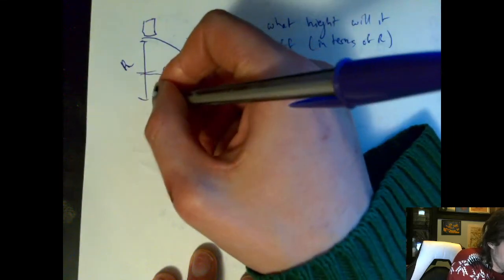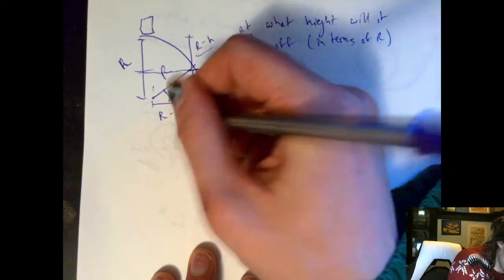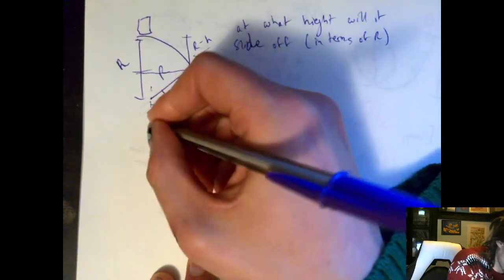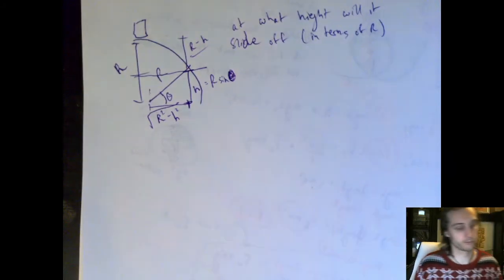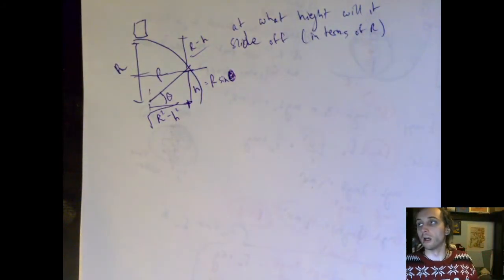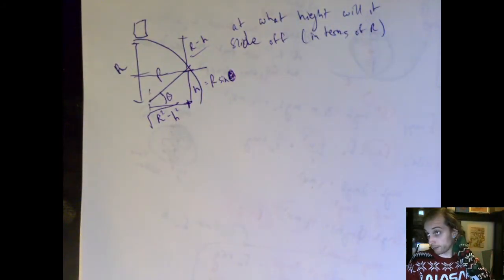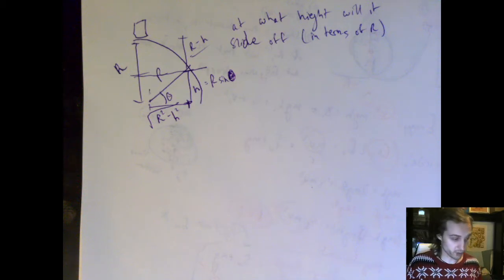And then we've got this, which via the Pythagorean theorem is r minus h, both of which squared, square rooted. Okay, so geometry junk out of the way.